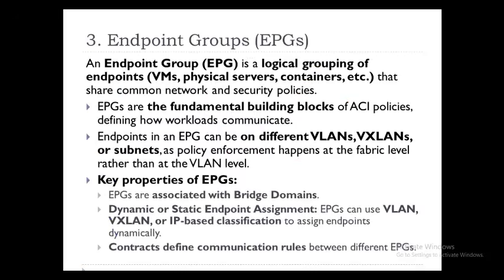An endpoint group is a logical group of endpoints that shares common network and security policies. All the VMs will have one common policy. All the physical servers will have one common policy. Endpoint groups are fundamentally the building blocks of ACI policy, defining how the workload communicates.